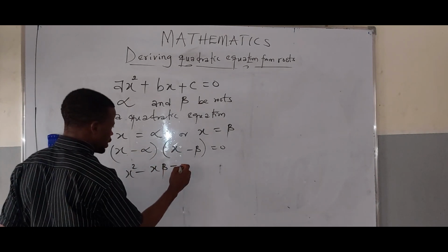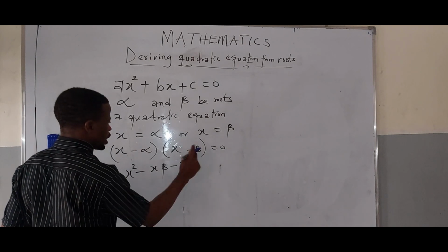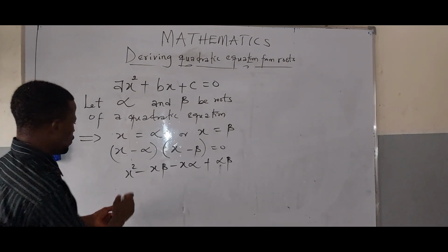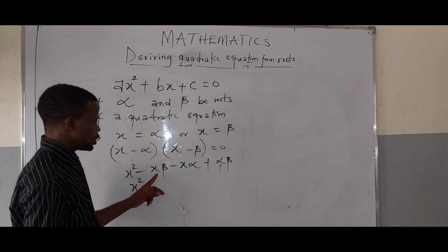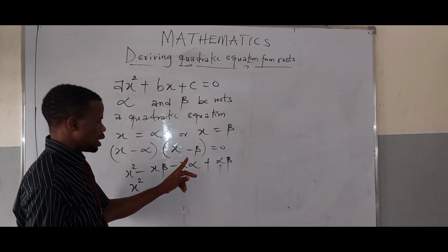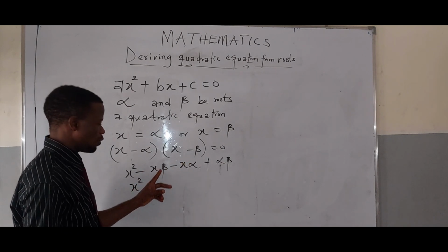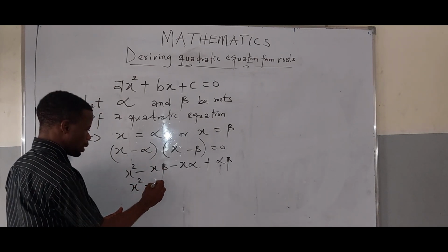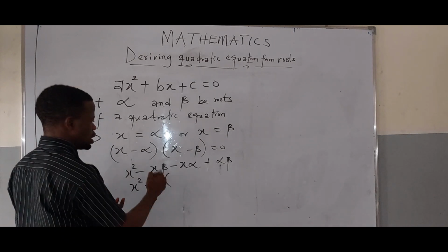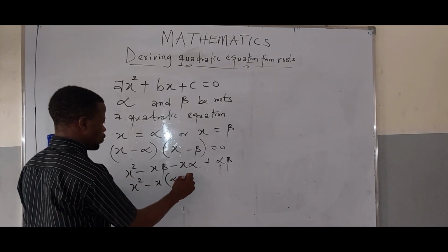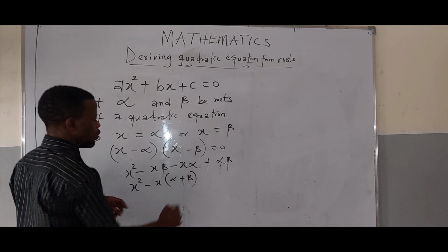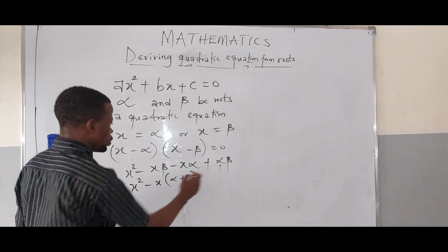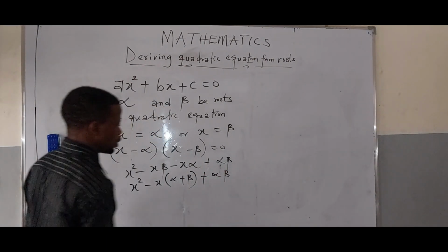Then this times this, that's minus x alpha. Then I have plus alpha beta, right? Now I have x squared minus x beta minus x alpha plus alpha beta. X is common. Negative sign is equally common. Minus x open bracket, what do I have? I can have alpha plus beta or beta plus alpha. If I expand this, I will get this back. The arrangement is immaterial, right? So I have plus alpha beta.